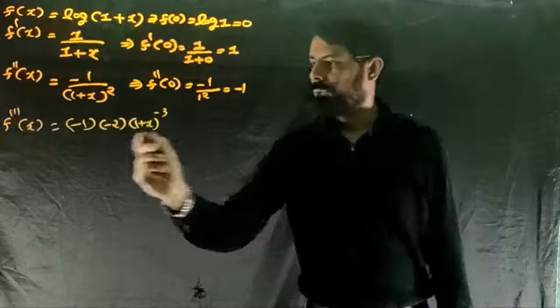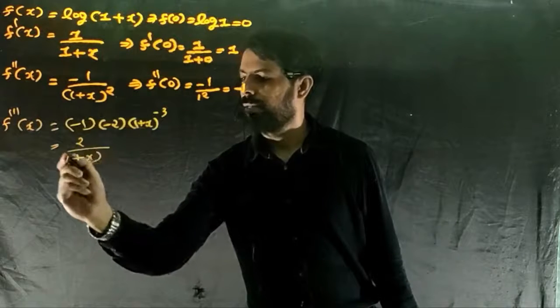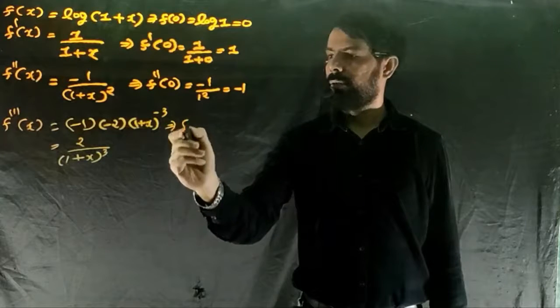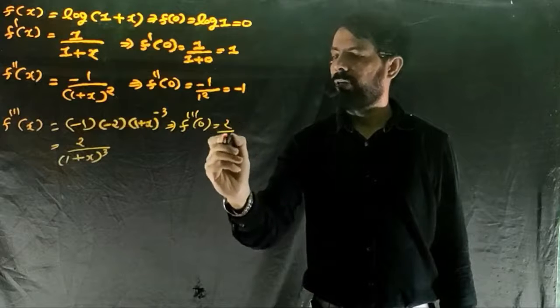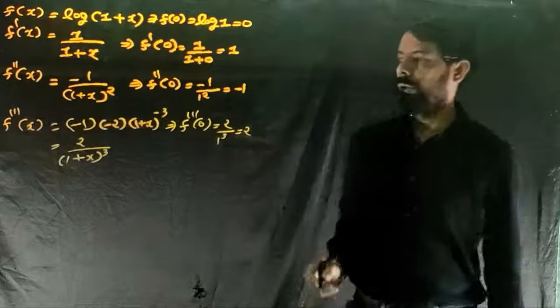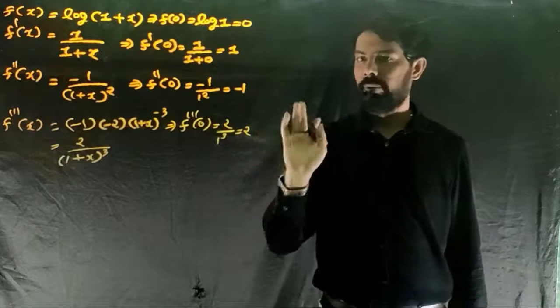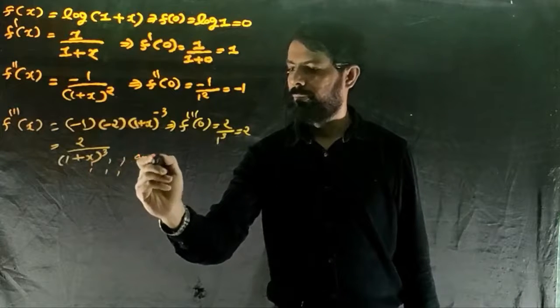So this can be written as 2 divided by 1 plus x whole cube. Now replacing x by 0, it will be 2 divided by 1 cube, which is 2. So as you can see we have obtained 3 non-zero terms. So we will write down and so on.